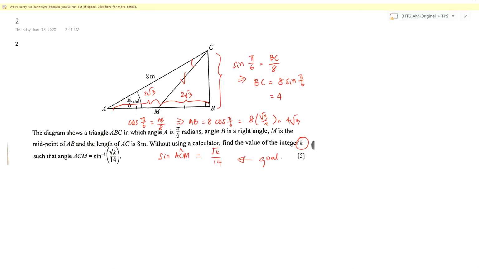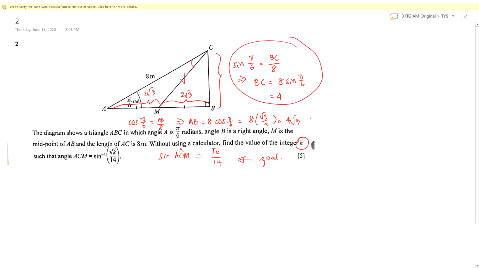Now that we have the length of CM using Pythagoras, we can then consider using our sine rule, which states that sine of this unknown angle that we want divided by the opposite side, which is 2 root 3, is equal to sine of another angle in a triangle, which in this case we can use pi over 6, divided by the opposite length, which we mentioned we can find using Pythagoras. So let's try this approach.